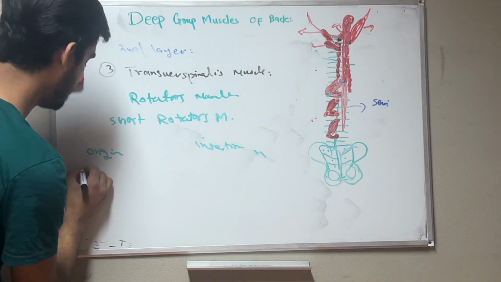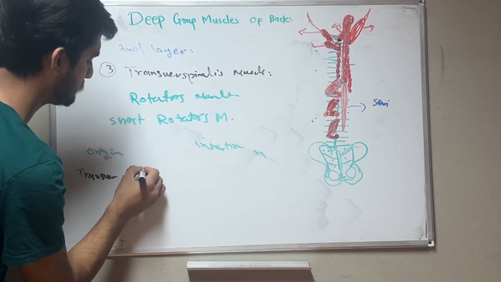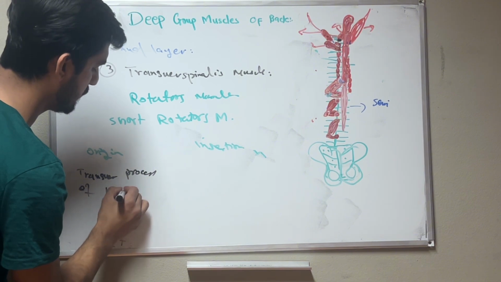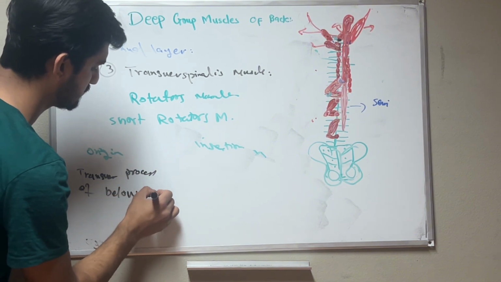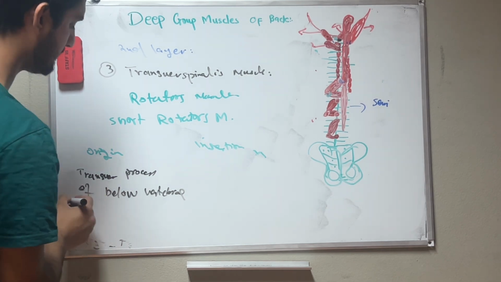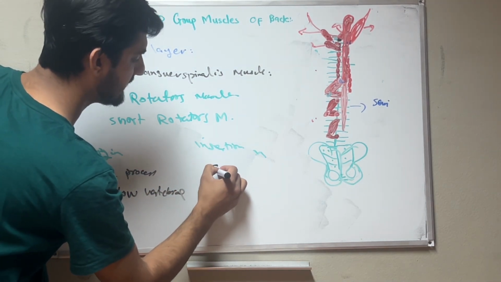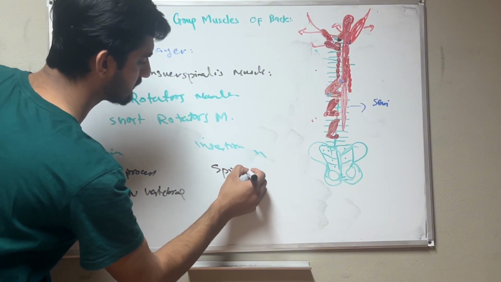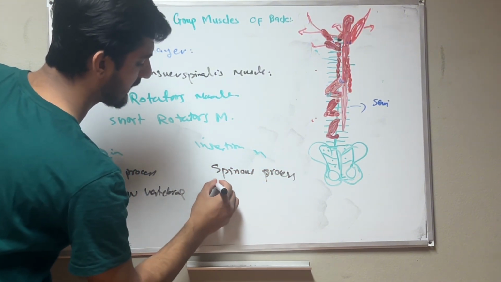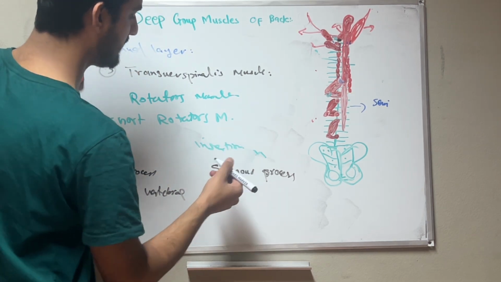Origination from the transverse process of the below vertebra and inserted into the spine process of one vertebra above.